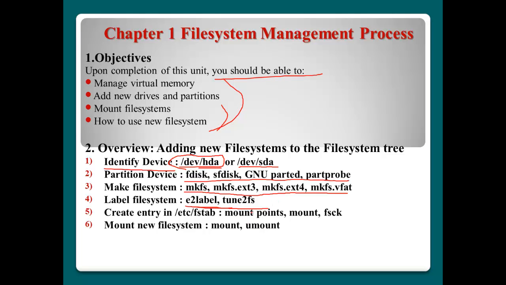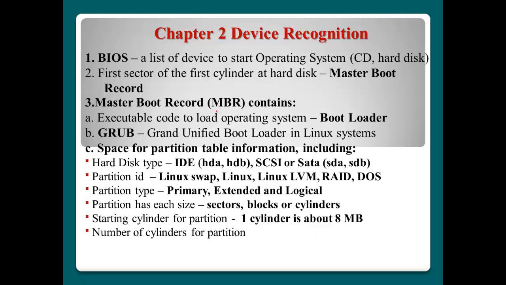If we succeed in creating a new partition with a name, then we need to register this new partition in /etc/fstab. Here we have to define the exact mount point. Number 6, mount the new file system. After that, if we want to use this new file system, we can use the command mount or umount.